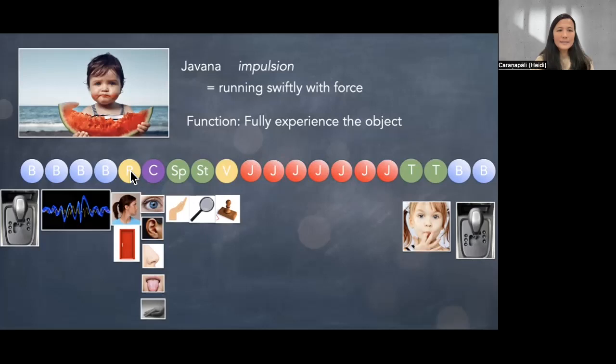All the other parts are just preparing or getting the object, but here is how we react to it, how we fully experience the object. Before this stage, functions like adverting, receiving, investigating, and determining are done by ahetuka cittas, rootless or functional consciousness, so they are quite weak.